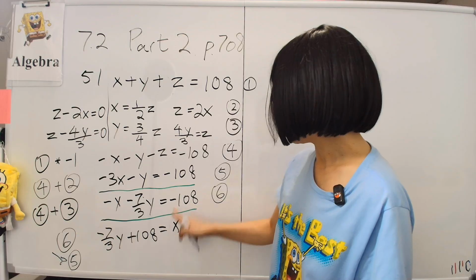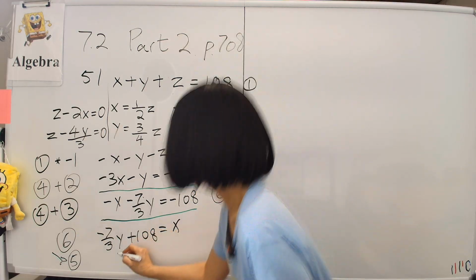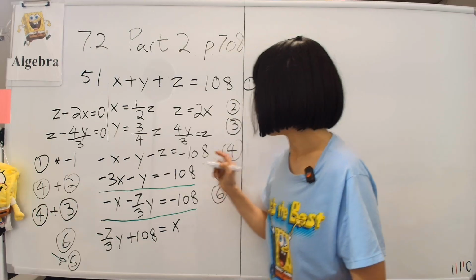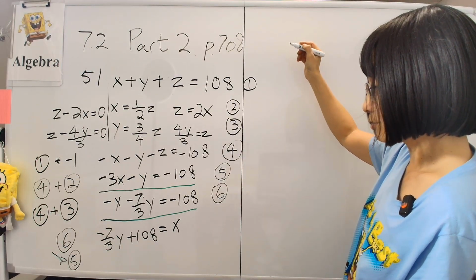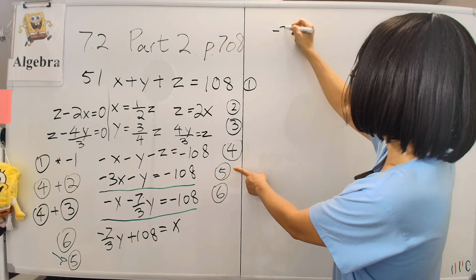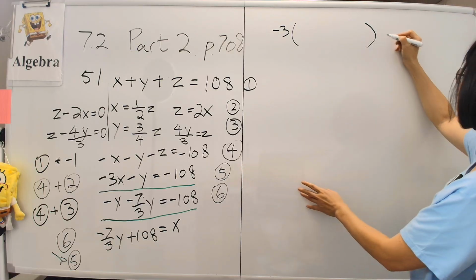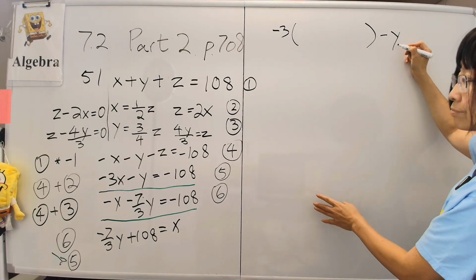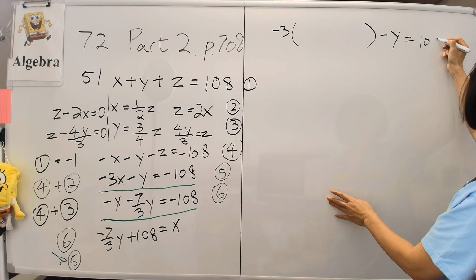So put this thing into equation 5. Equation 5, where is it? Right here. Okay, so minus 3 times x, and then minus y equals negative 108.